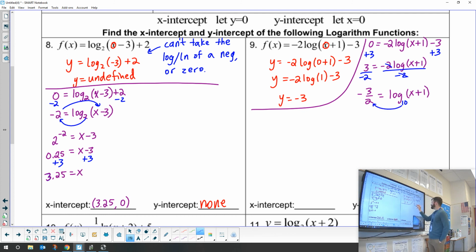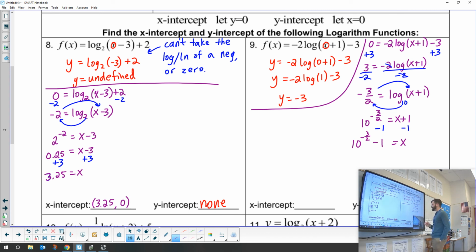So I can go 10 to the power of negative 3 over 2 equals x plus 1. Let me write that out. 10 to the power of negative 3 over 2 equals x plus 1. And last step, let's minus 1 to both sides. And we're going to get x equals 10 to the negative 3 over 2 minus 1.